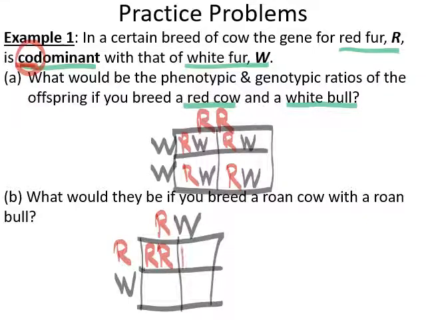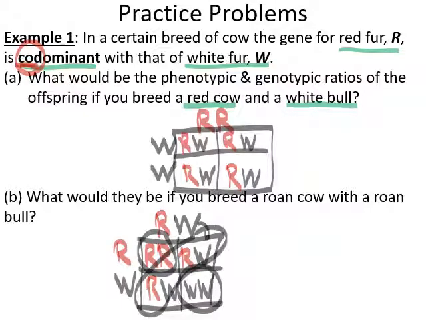In this case here, the red gene would be combining with this white gene from the parent. And in this case here, we get the red and the white. And in this case, we get the white and the white. So in that case, we would have one red cow, one white cow, and half of the cows would be roan. And so we would have essentially 25% of the offspring would be red, 25% would be white, and 50% would be roan.